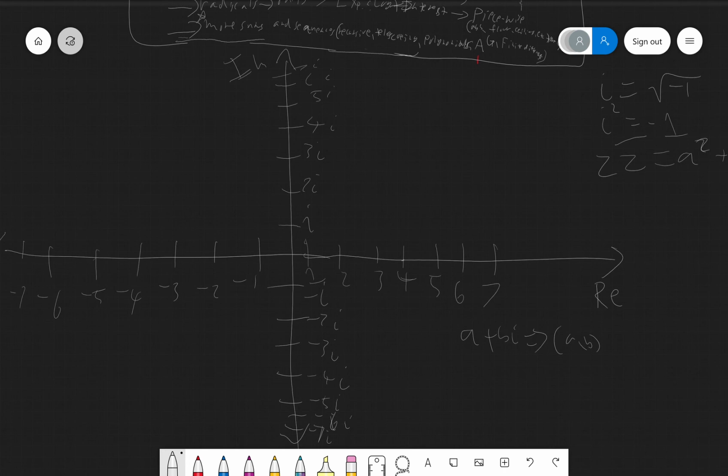A little harder, but we know how to graph circles and ellipses. We learned that in the last video, but now we need to do it in the complex plane. So first I'm going to show how to graph a line, but before that I want to talk about more notation.